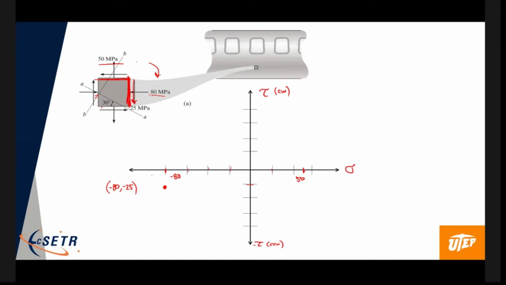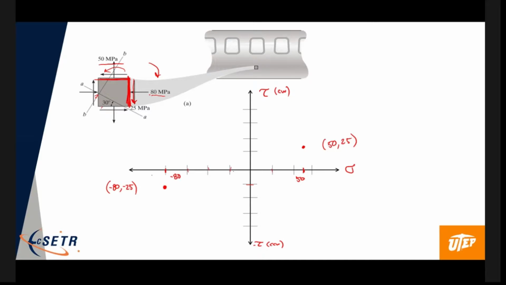And this 25 megapascal shear stress wants to rotate it in a clockwise manner on that face. So I go up 20, 25, that'll put me about here. Okay, so that's the point 50, 25, right? And those are 2 points on the circle.